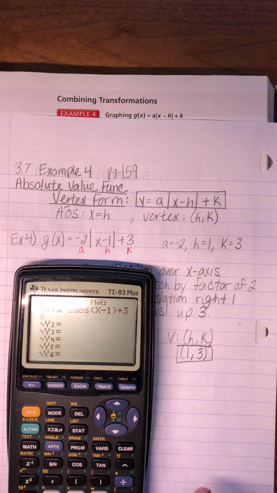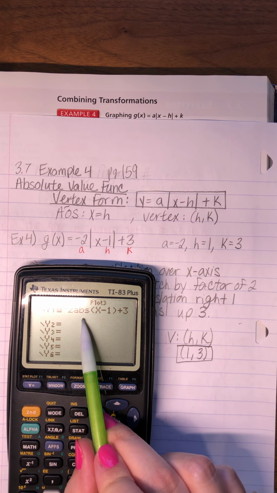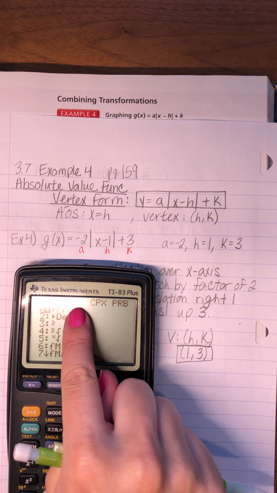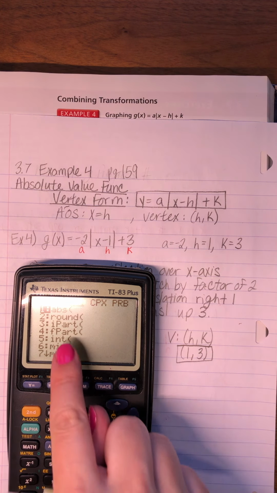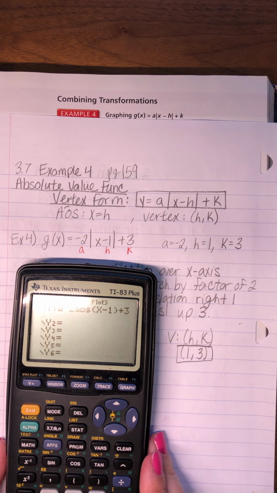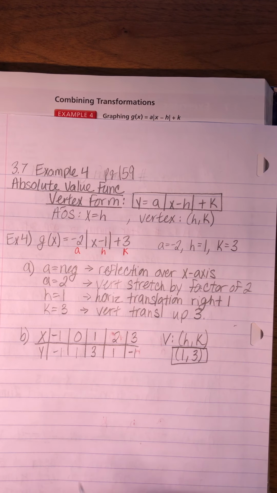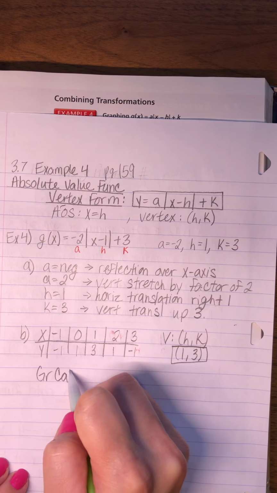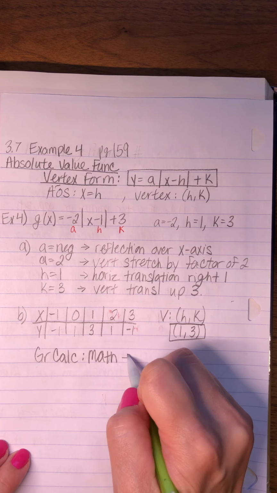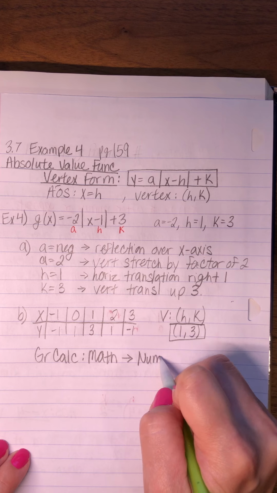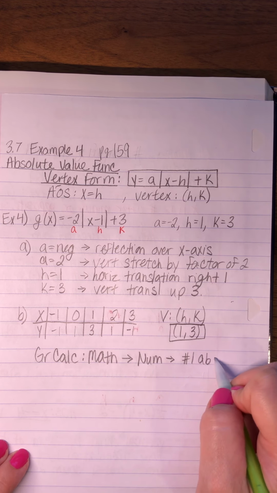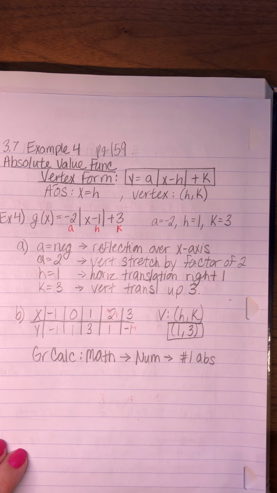Okay, so I just want to write down what we did to get to that absolute value bars. Remember, we did math, right arrow to number, and then number 1 is absolute value. I'm just going to write that down here so that we can have it in our calculator. So for our graphing calculator, you go to math, and then right to number, and then you pick number 1, which says ABS, absolute value.